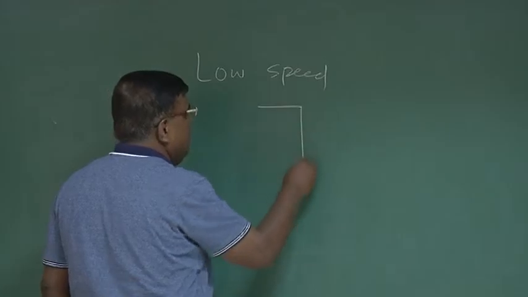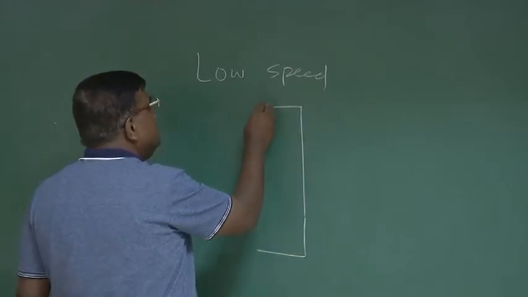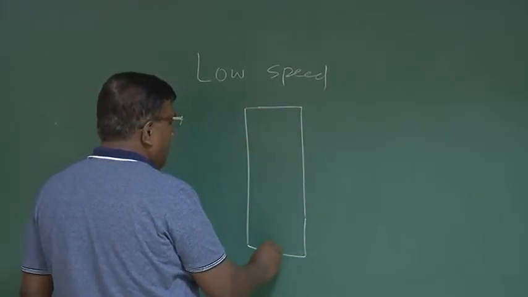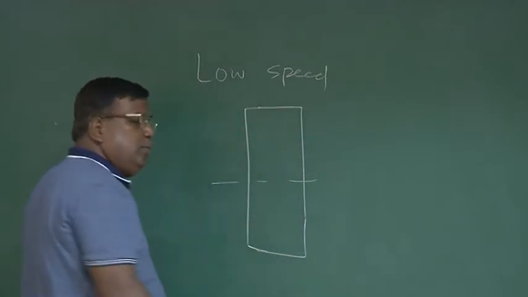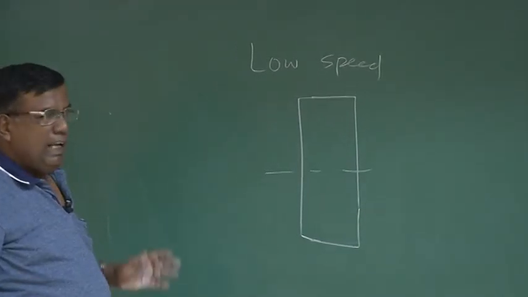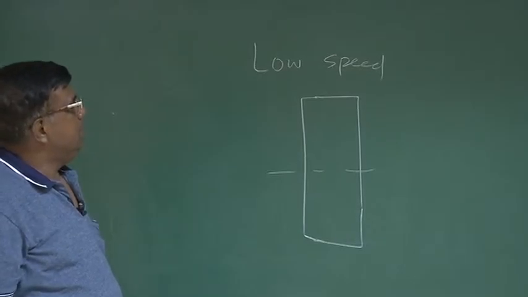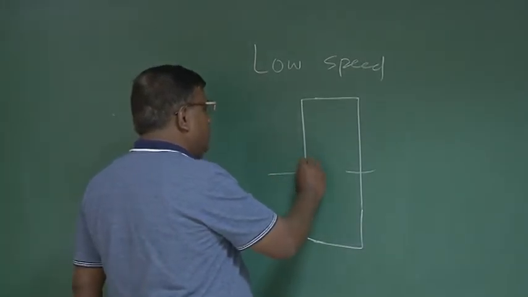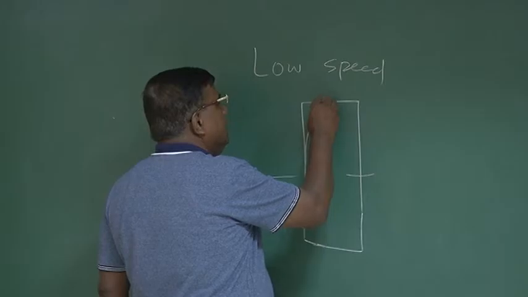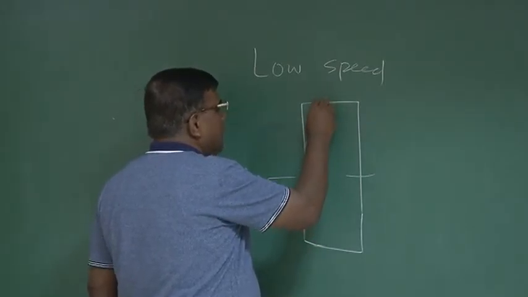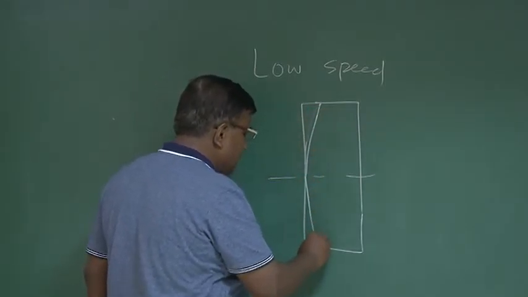you will find mostly it is rectangular. People tried elliptical also, right? But the base is rectangular. You will find for a low speed also some sort of tapering is done like this.